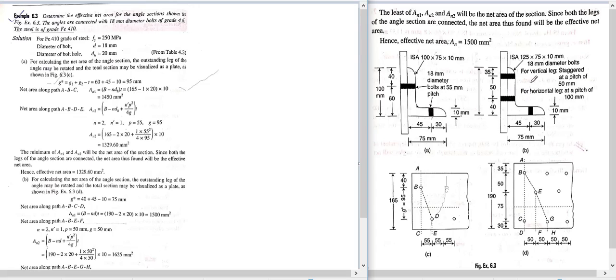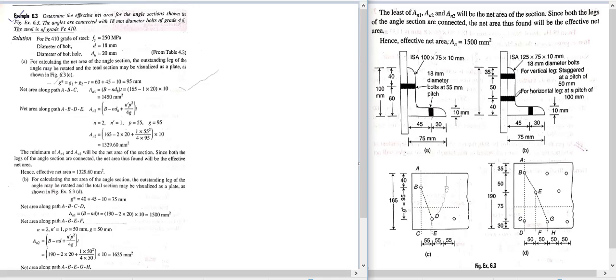You have to notice something here. First, this is 35, this is 50, this is 40, this is 45, this is 30, and thickness is 10. Then 18 millimeter diameter bolts for the vertical leg, staggered at a pitch of 50 millimeter. So on the vertical leg there are two lines of bolts.